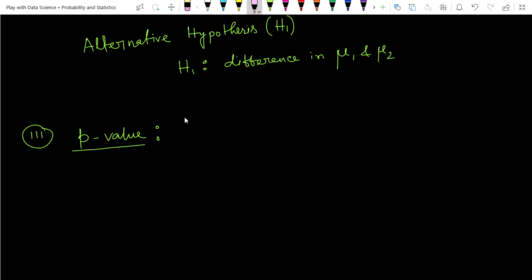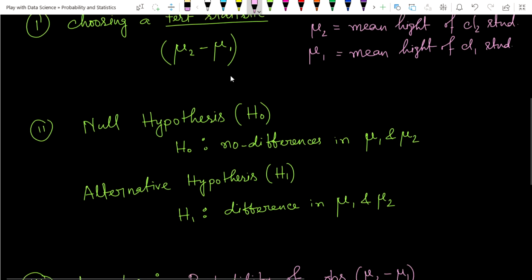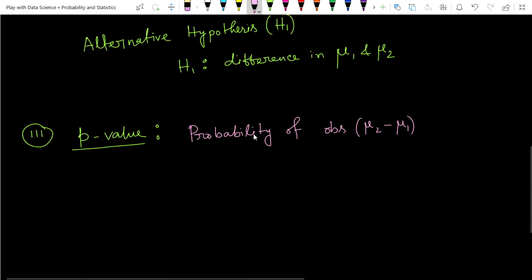The p value is simply the probability of observing mu2 minus mu1, which is the actual test statistic we have drawn here, meaning the difference, if the null hypothesis is true.